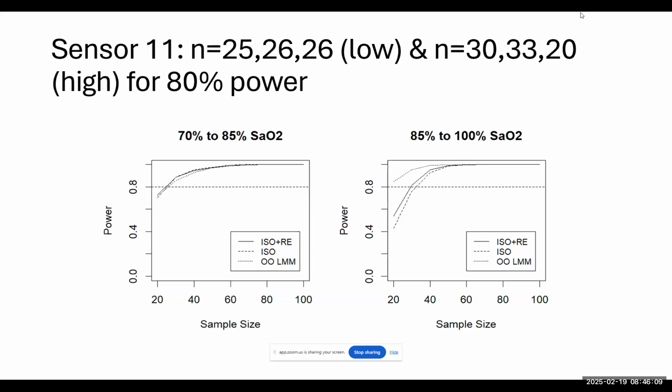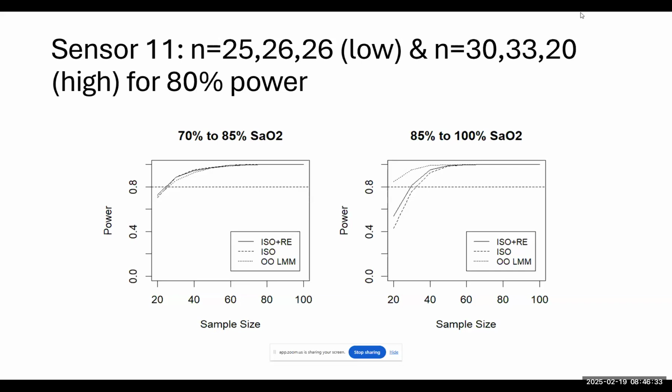Thanks, David. So here's an example of the sample size. This is just our code, but for this particular device, which performs pretty darn well, device 11, you have the sample sizes in the low sat range to get 80% power. So 25, 26, 26, they're all similar. And the upper range, 30, 33, 20.